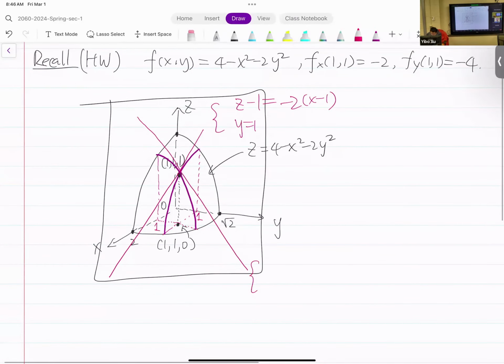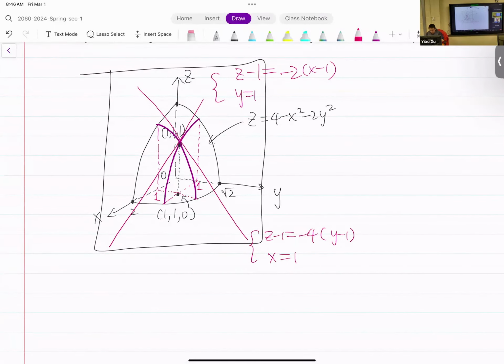And on a different plane, x equals 1, we have z minus 1 equals the slope -4 times (y minus 1). So we know the equations of these two red lines. We want to get the plane out of it.